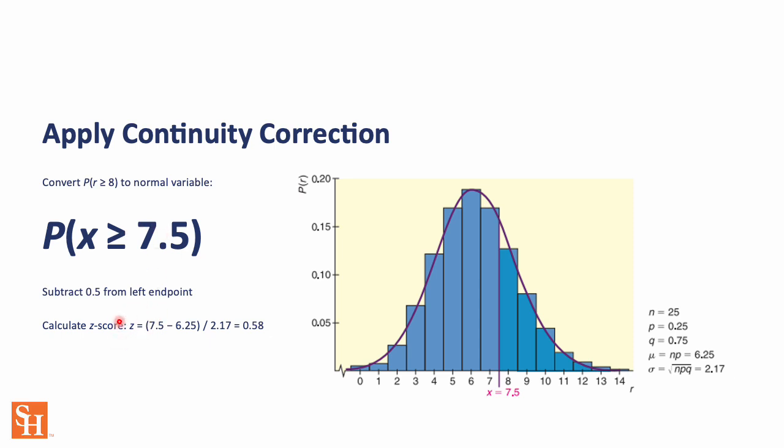We know how to calculate the z score corresponding to this raw score. The raw score is 7.5, the mean for this distribution was 6.25, and the standard deviation was 2.17, right? So therefore the z score is 0.58 for this case.